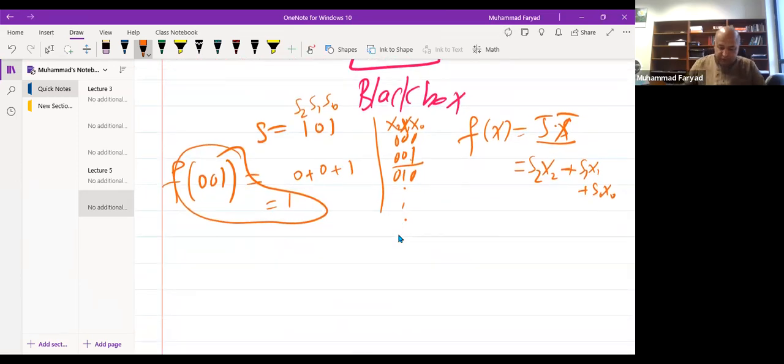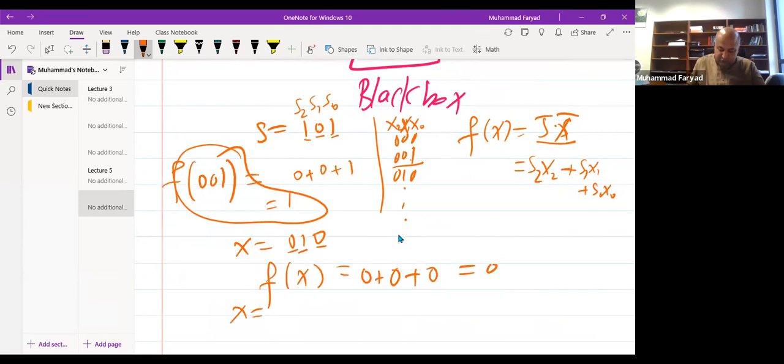Now suppose x is equal to 010, then f of x is equal to 0 into 1, 0, plus 1 into 0, 0, plus 0 into 1, 0, which equals 0.